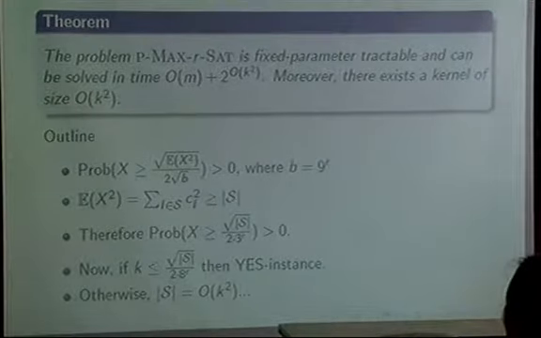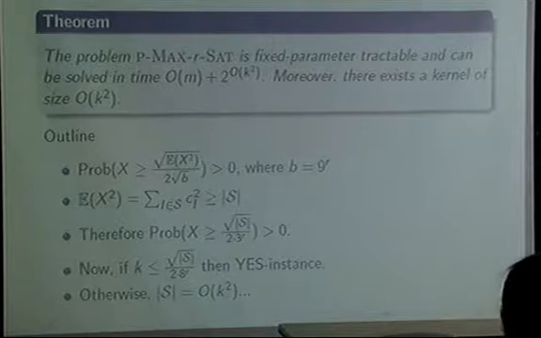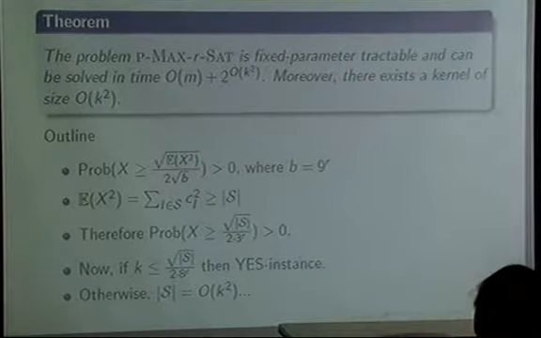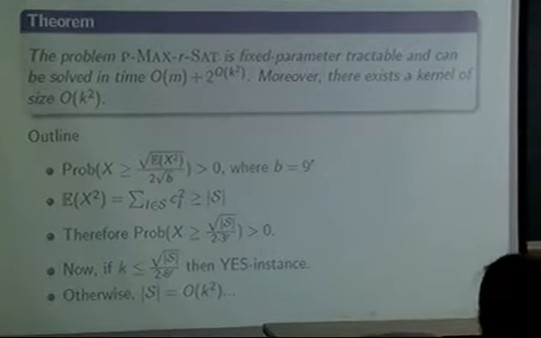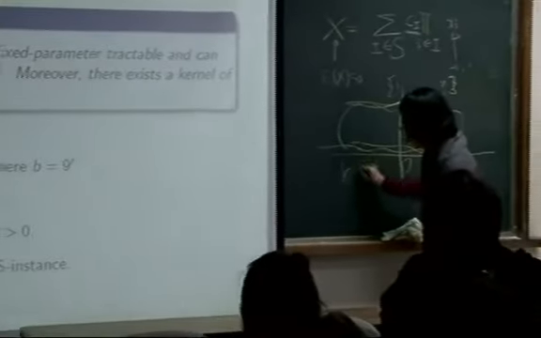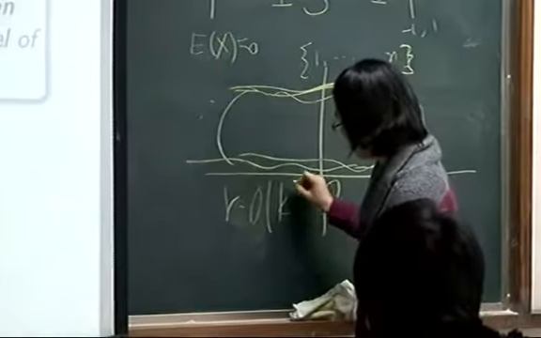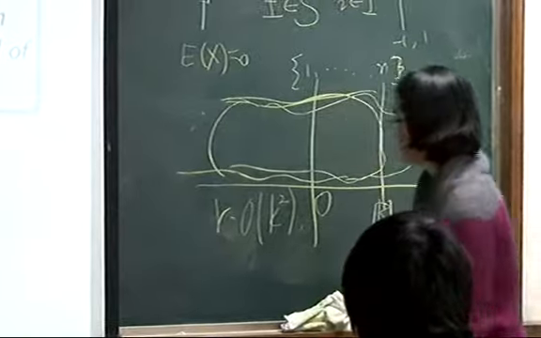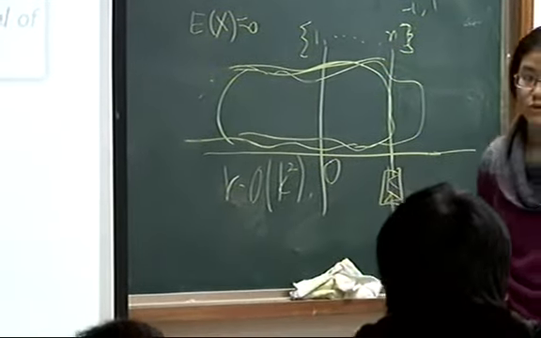Here is just the number of monomials. But basically, each term has at most R variables. So with just that formula, we can say that there is at most R times O(k squared) variables, which is a kernel.